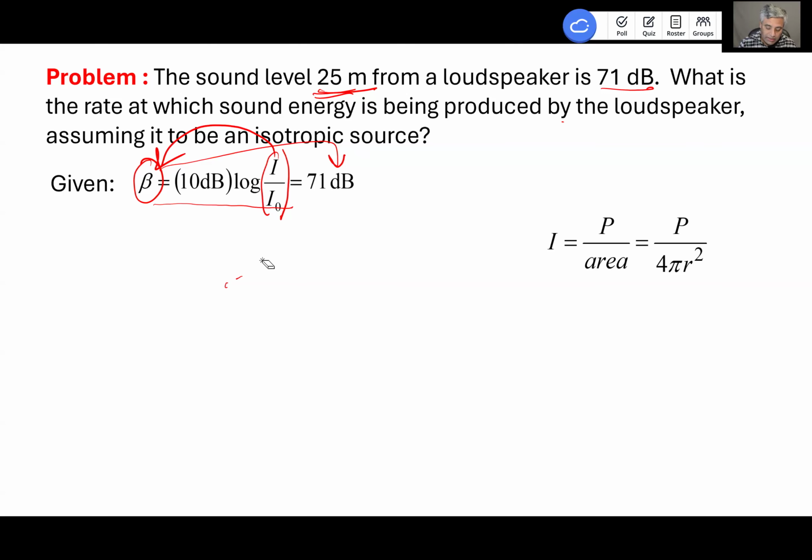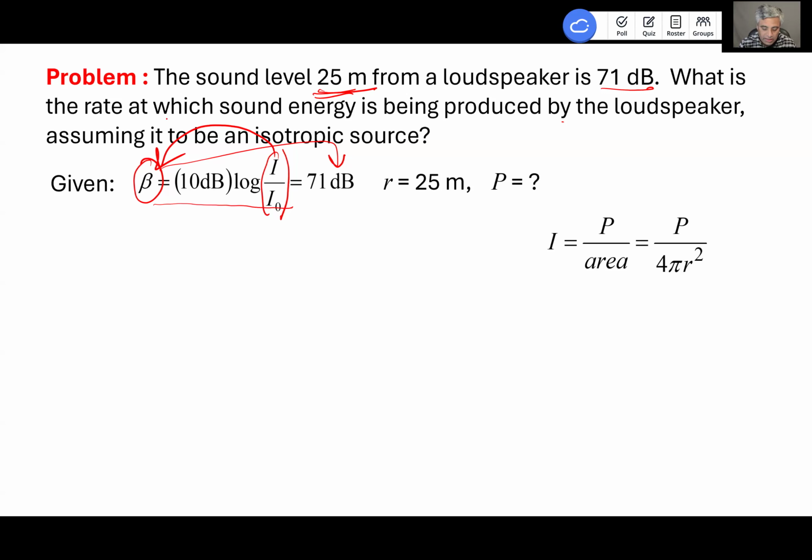Okay, so now that means we can find intensity, and then we can find the power, and power is the rate of transfer of energy, okay?